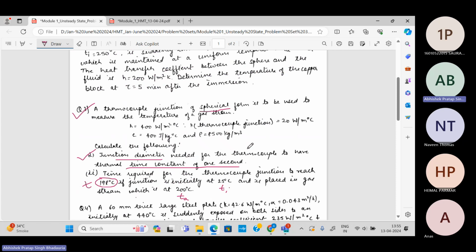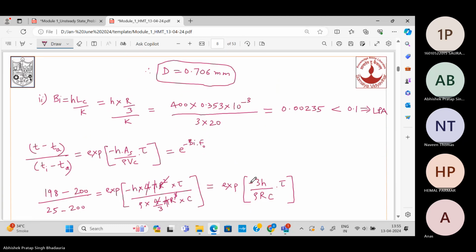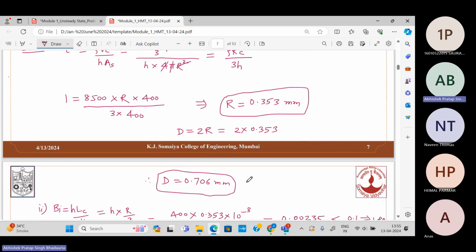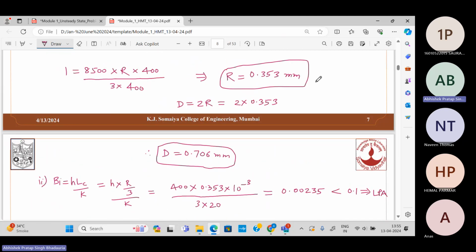The value of rho is 8500, into r. The value of r is 0.353 mm.